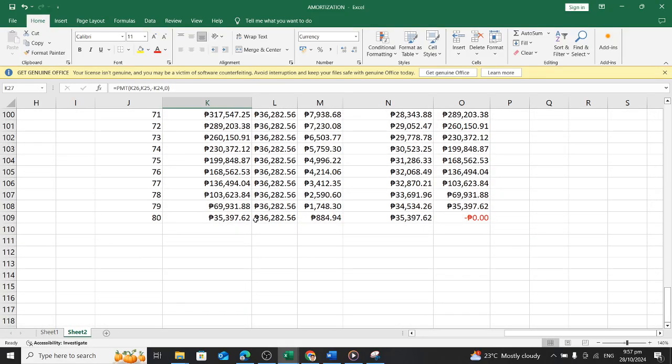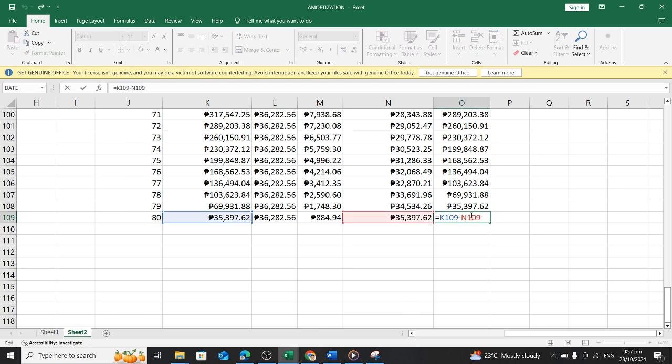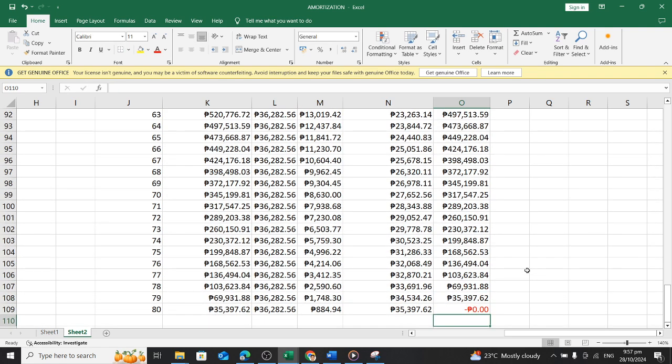So after the 80 payments, zero. You have no more debt. So that is the amortization schedule.